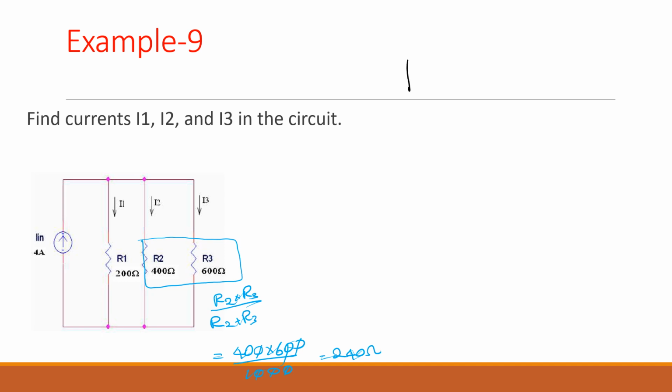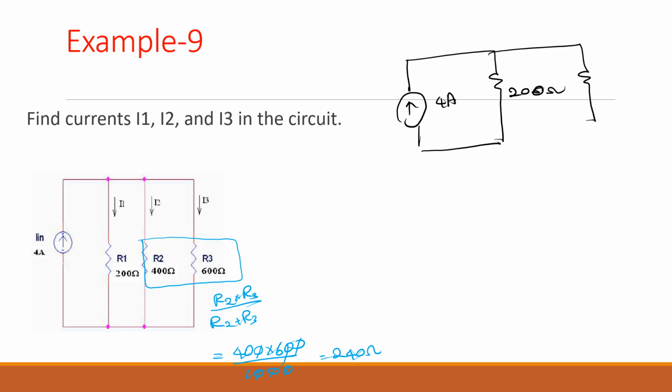So I can simplify this circuit to two resistors. We have 4 amps coming in, and we have one resistor which is 200 ohms, and the other resistor which we have simplified as 240 ohms. So 4 amps coming in, and we have I1. I1 is the current going across the 200.